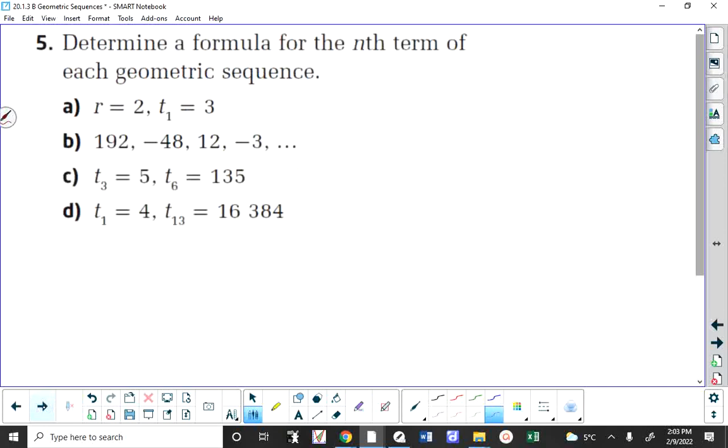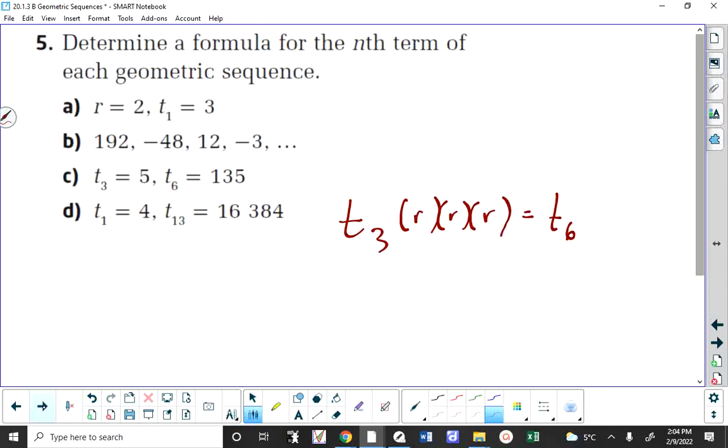So determine a formula for the nth term. And what you are told here, well, I'll ask the question first, not of you, but of the whole class. How many of you understand that to go from the third term to the sixth term would require that you multiply by r and r and r?